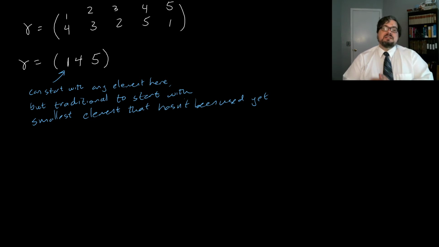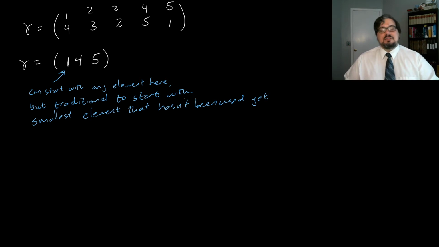Now, you'll notice that we haven't described what happens to all of the various elements of gamma. We looked at what happened to 1 when you applied gamma repeatedly, and if you start with 1, you get sent to 4, then 4 gets sent to 5, then 5 gets sent back to 1, and you're going to continue on this cycle over and over and over again.